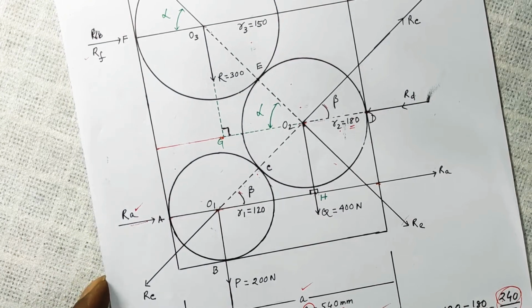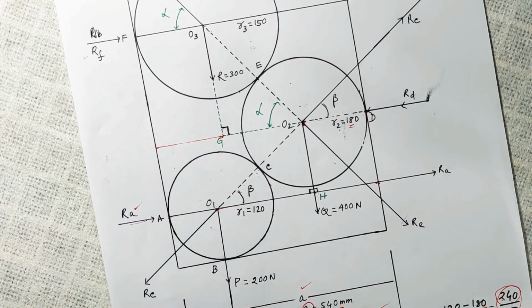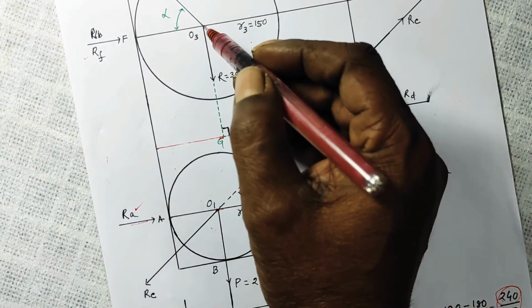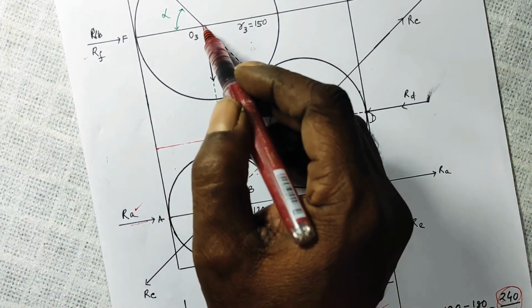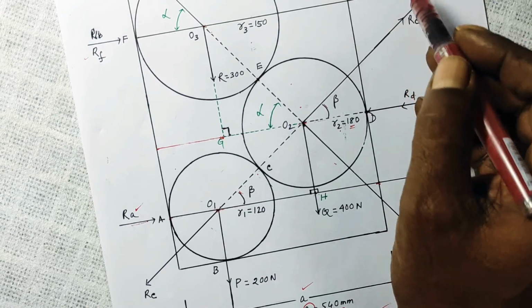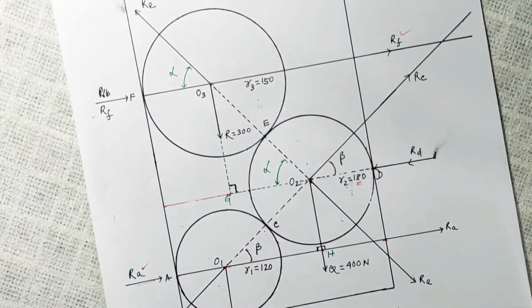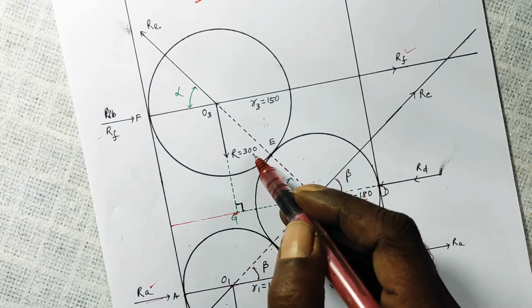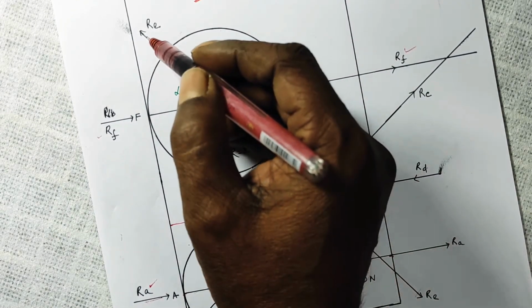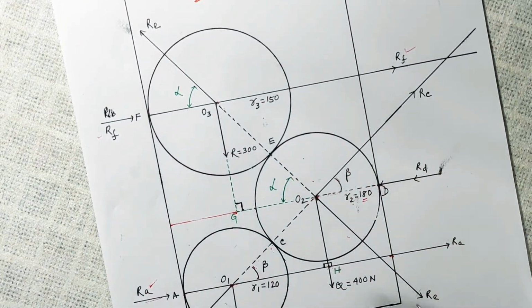Now let us apply the free body diagram at point O3, that is the center of this cylinder. So there are three forces. From this point to this side is RF. From this point downward is its weight, 300 Newton, and to this side is the reaction force RE.